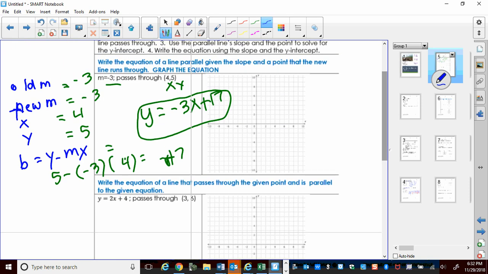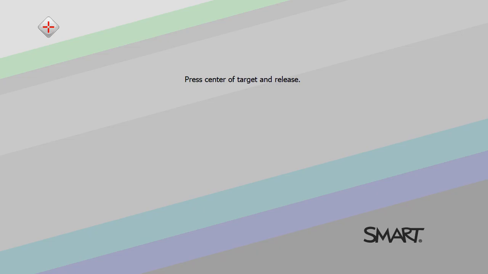If you wanted to graph this line, you could go right 4 up 5. Use the rise over run. Sorry, my screen's a little off there, so let me calibrate it.